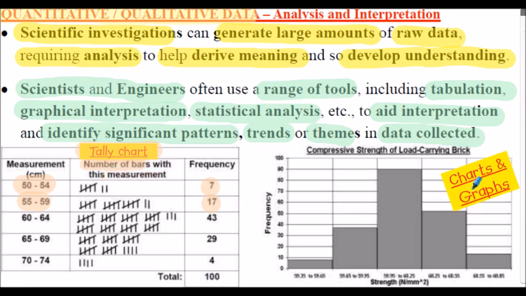And then we can use charts or graphs to display various information. In this particular chart here, we have strengths of load-carrying bricks on the horizontal axis, and we plot the frequency related to various categories of strengths on the vertical axis. These are methods I know that you're familiar with and used in other topic areas.